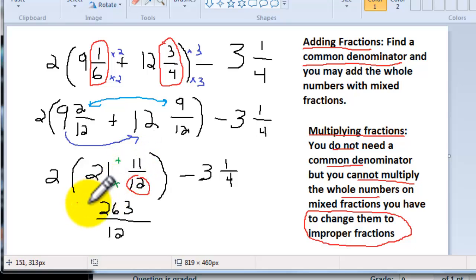Okay. So when we multiply this by 2, we remember, or you should remember, that it's 2 over 1.